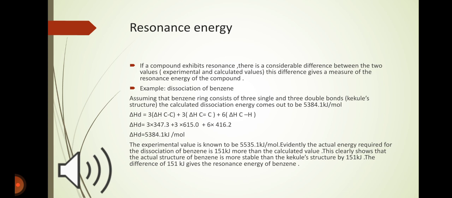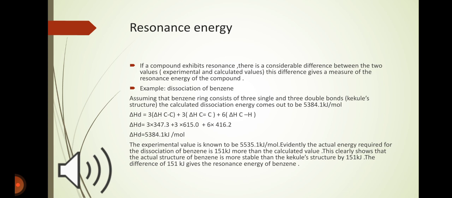So change in enthalpy of dissociation is equal to 3 into 347.3, because the carbon-carbon bond energy is 347.3, plus 3 into 615.0, that is the carbon double bond carbon bond energy 615, plus 6 into 416.2, that is the bond energy of carbon and hydrogen. 6 we have taken because 6 carbon-hydrogen bonds are there.